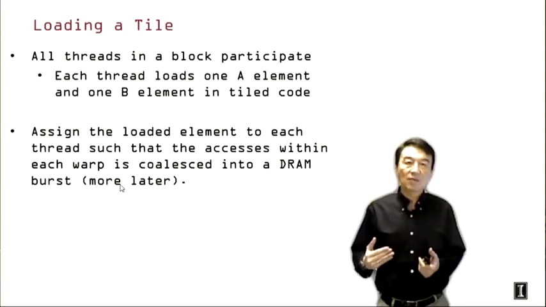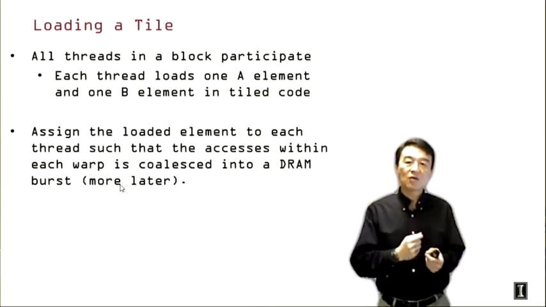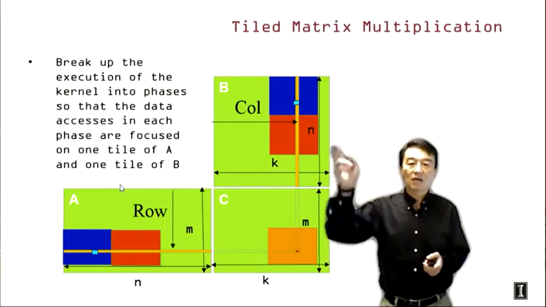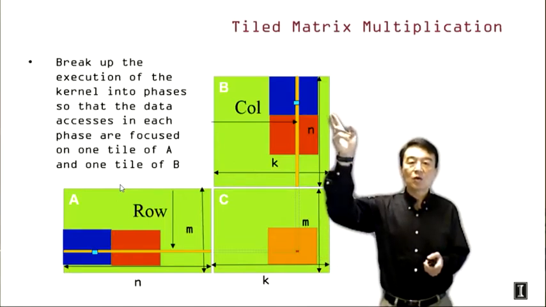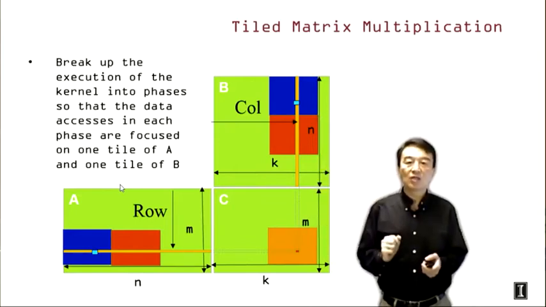If we divide up the strips of A and B into tiles of equal size to the C tile that we're generating, then it's very easy to design our loading mechanism, because we can use exactly the same thread that is calculating a particular location. Let's say this particular thread is calculating this element. Then we can have the same thread load the corresponding relative position of A and B that I'm showing here with the blue dot in the loading process.